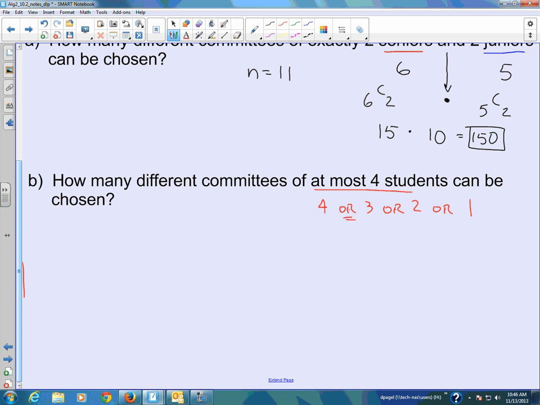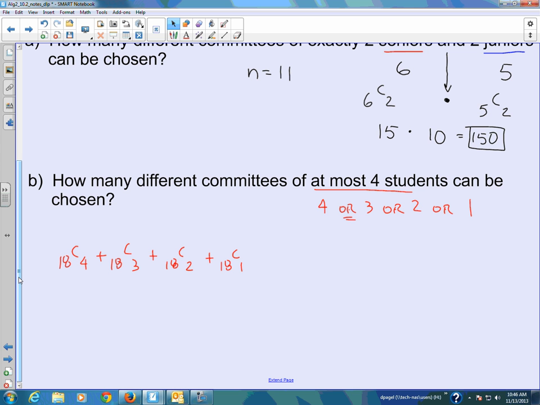Let's start with if we had 4 students, that would be, out of the 18 possible, we're going to pick 4 of them. And then we're going to add to that, what if we just chose 3? And then we add to that, what if we chose just 2? And then finally we add to that, what if we chose just our 1 here?